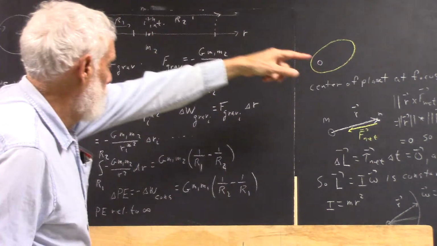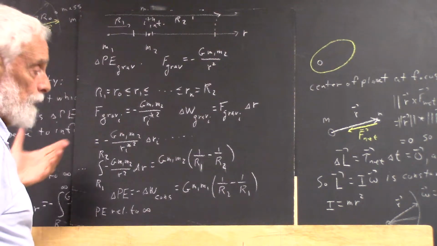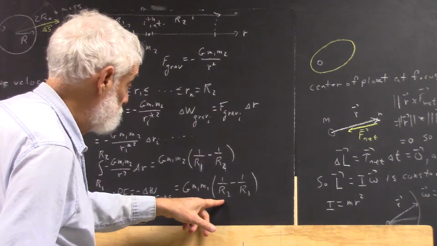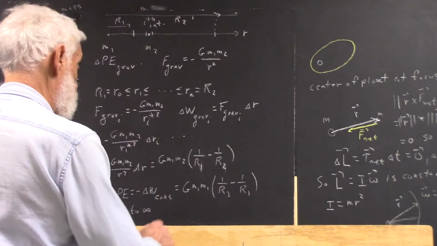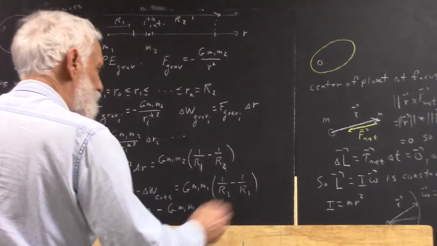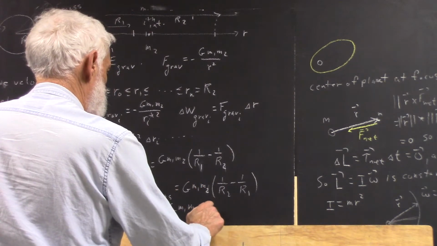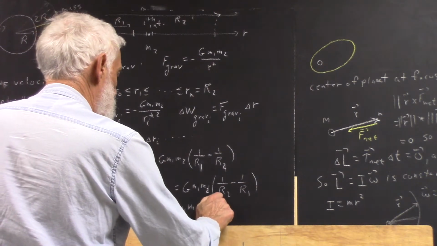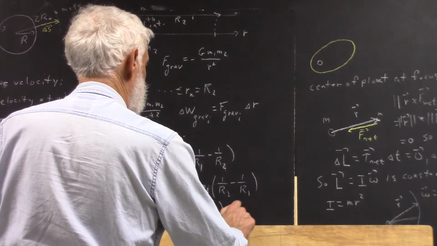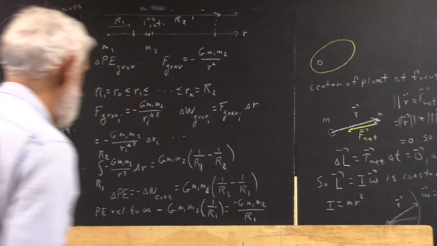We'd go from R1 to forever, and you might think that would give you an infinite result, but it doesn't, because in the limit as R2 approaches infinity, the reciprocal of R2 approaches 0, and we just get negative G M1 M2 multiplied by 1 over R1, or just negative G M1 M2 over R1.